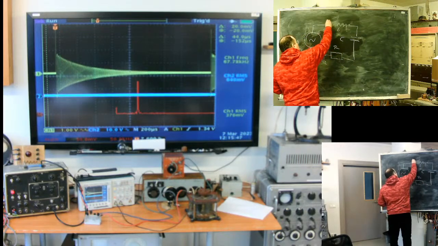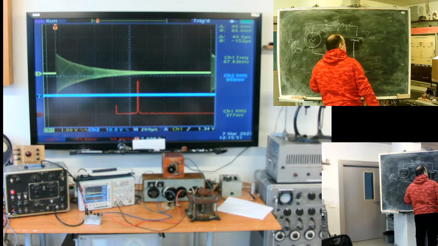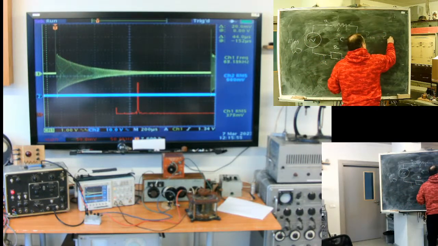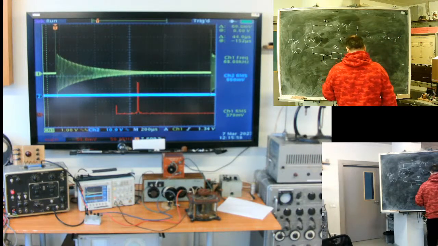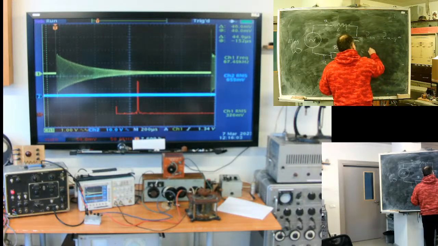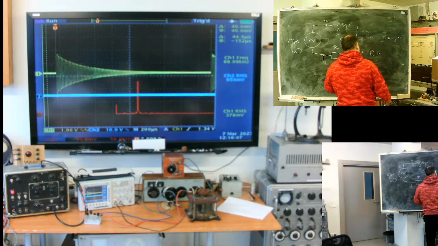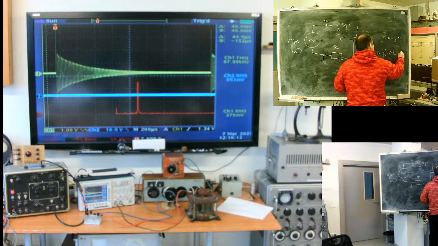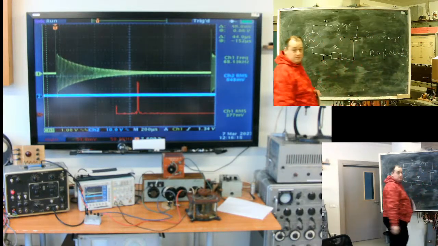The input resistance from A to ground will be R plus j times omega L minus 1 divided by omega C. Yes?